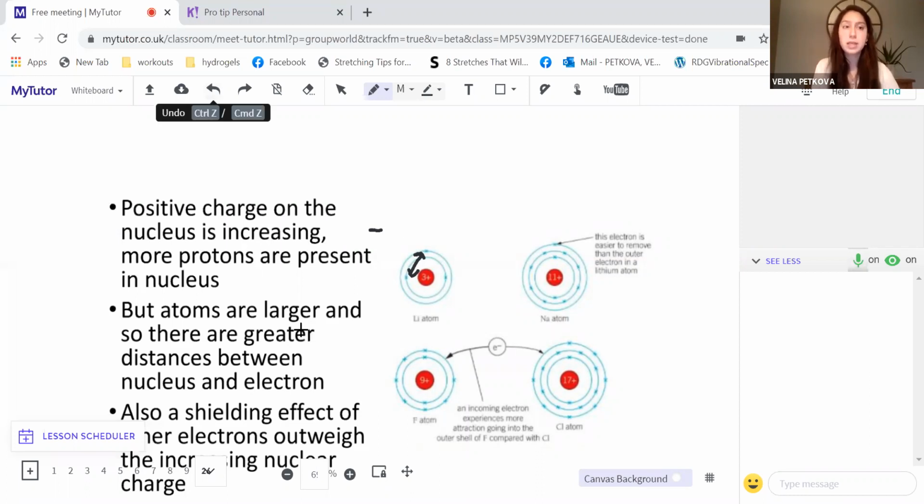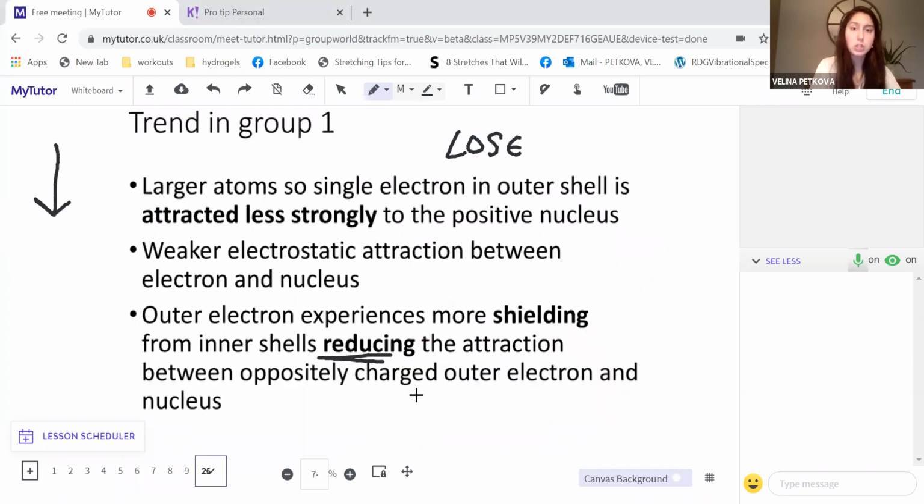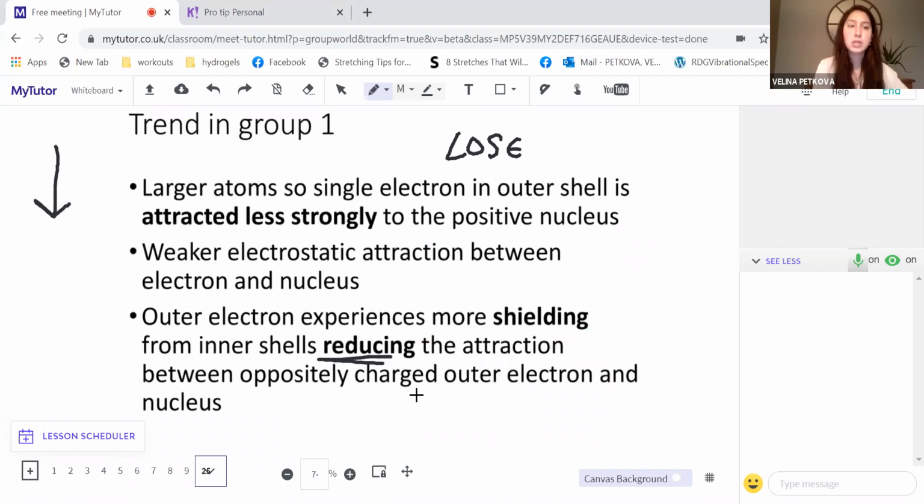But shielding means that because of the electrons in between the outer electron and the nucleus, the outer electron sees less of the positive charge. It has less attraction because of shielding. Okay. Shielding increases when there are more inner shells.